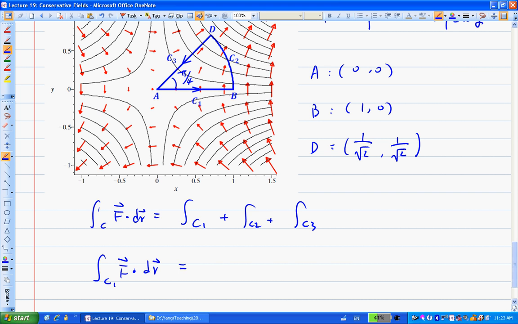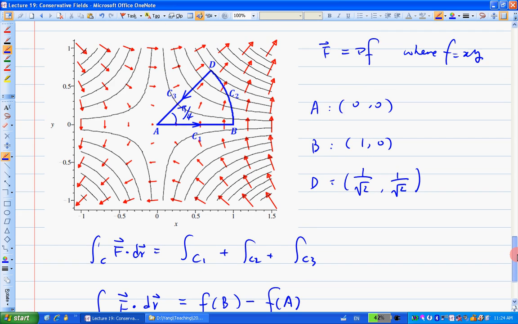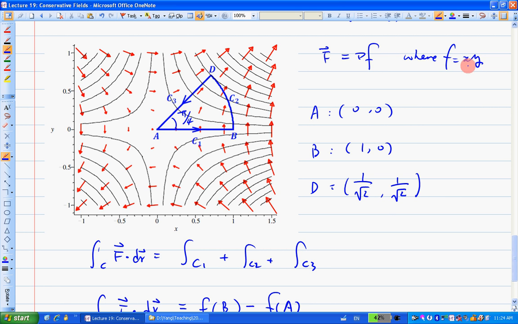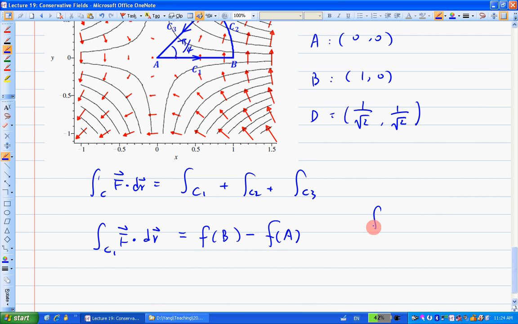According to this theorem, what I have here is the scalar function f at the end point of this curve, which is B, minus the f value at the starting point A. So what is my f here? f is xy. So f of B is f(1, 0).